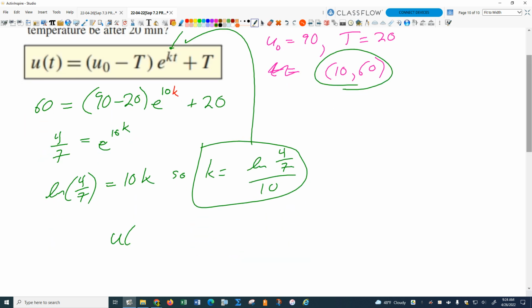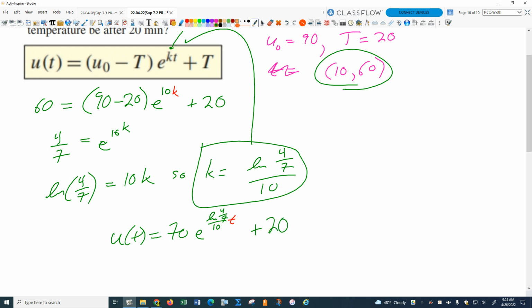So u of t equals 70, we'll just call that 70, e to the log 4/7 over 10 times t plus 20.